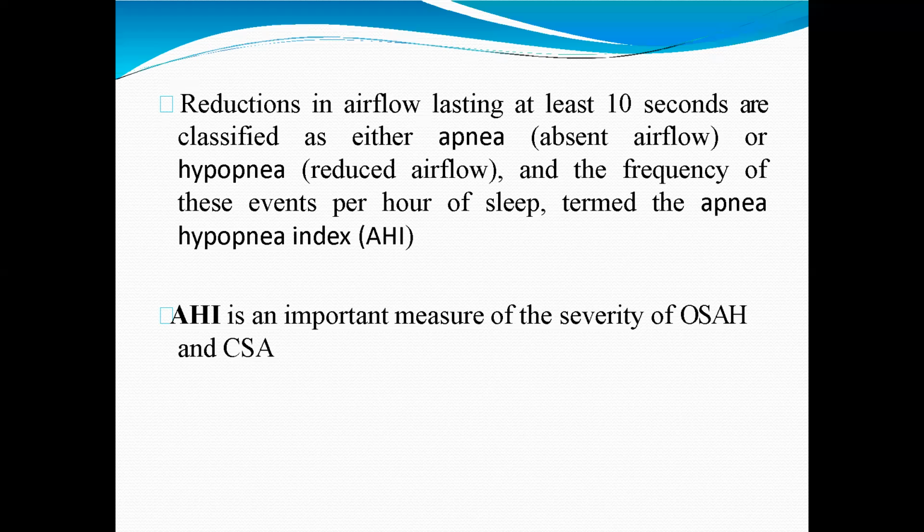And the frequency of these events per hour of sleep is given by an index called the apnea hypopnea index. So they calculate this AHI, the ratio of these events, and this is an important measure for checking the severity of OSAH and CSA.